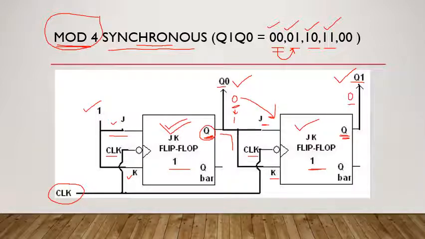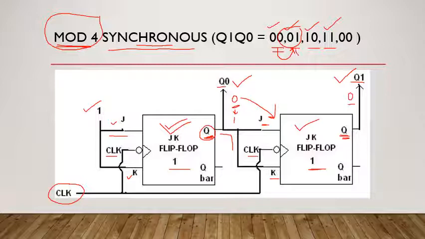That is why it remains unchanged. So after the first clock pulse, we have Q1 equal to 0 and Q0 equal to 1. Writing in the order, we get Q1 Q0 equal to 01. So this is how the state changes from 00 to 01.